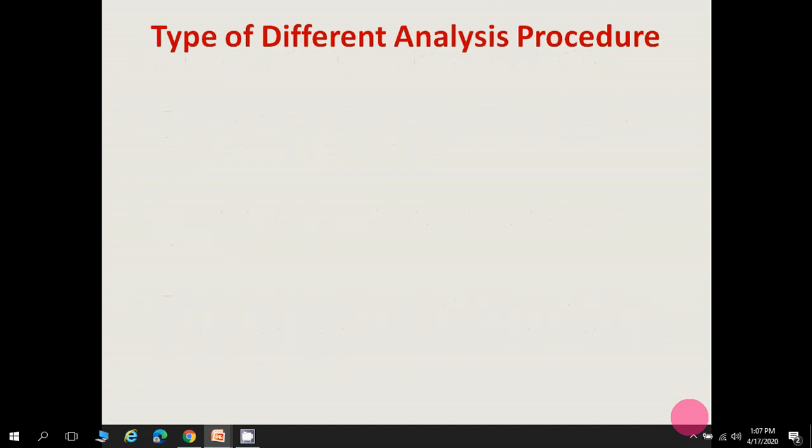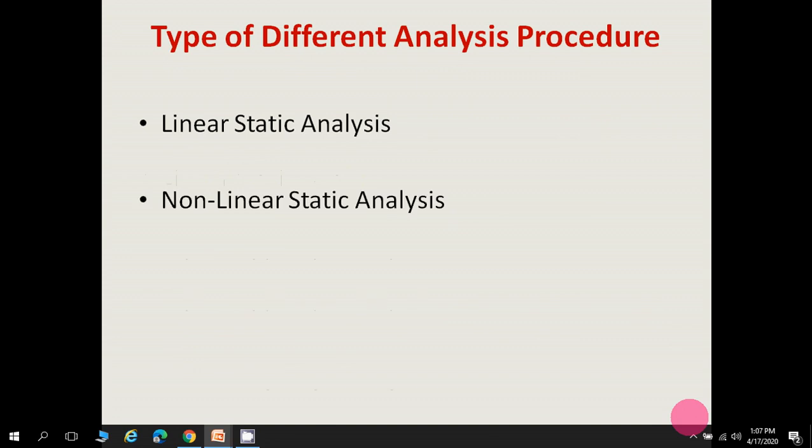So what are the different analysis procedures available? One is linear static analysis, the second is non-linear static analysis. The difference between linear and non-linear static analysis is that in linear static analysis, the load and deformation behavior of the structure is within the linear limit, or it is a straight line.